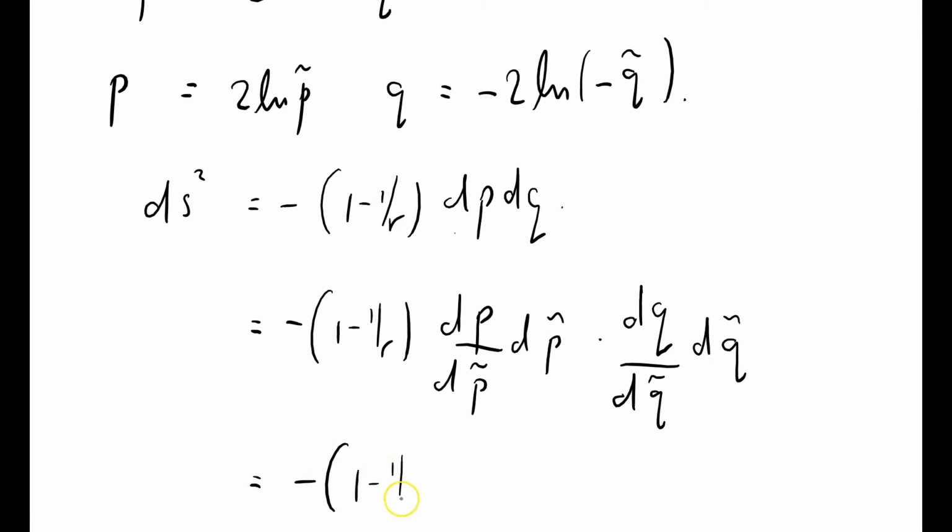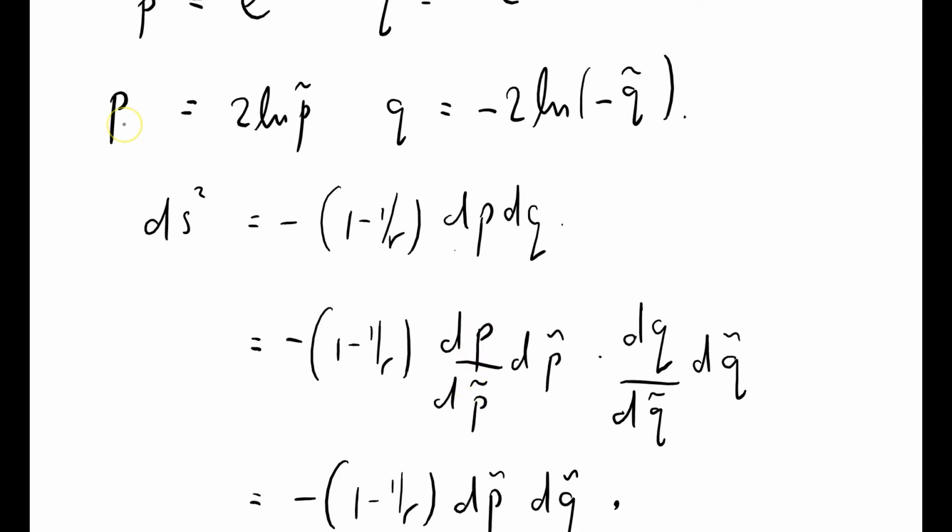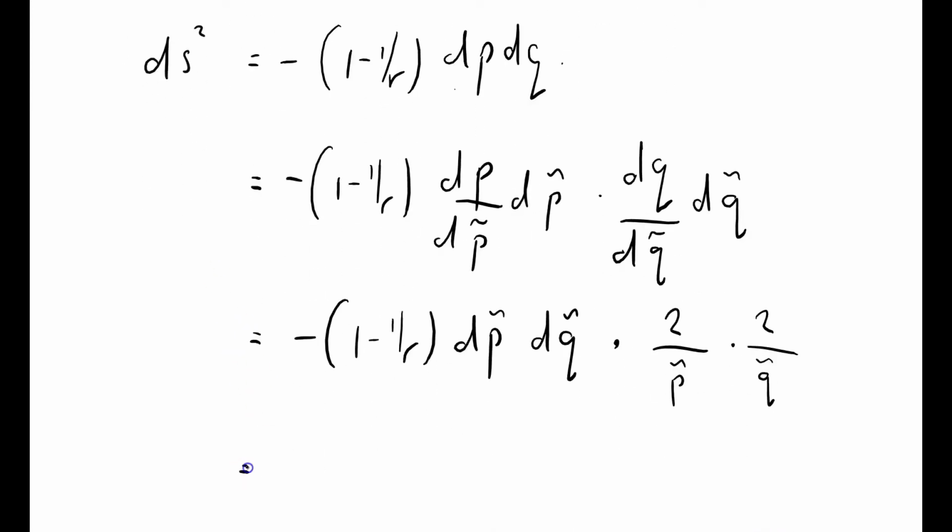So it's minus 1 over r dp tilde dq tilde times dp by dp tilde, which is 2 over p tilde, and this one, minus times the minus, is a plus 2 over q tilde. I've got to mind my p's and q's.